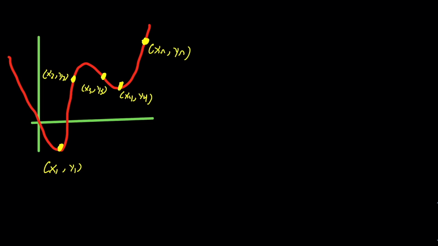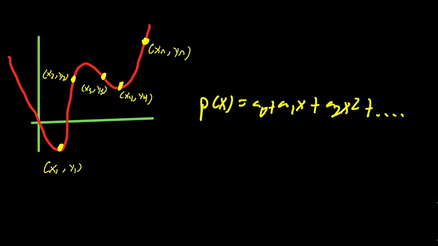And the best way to represent that is like this. We have p of x equal to a sub naught plus a sub 1 x plus a sub 2 x squared plus, and it goes on to include a sub n minus 1 times x to the n minus 1.